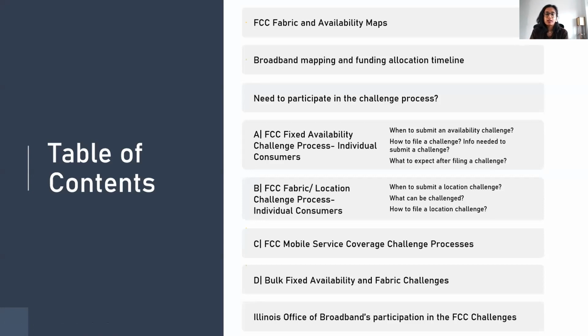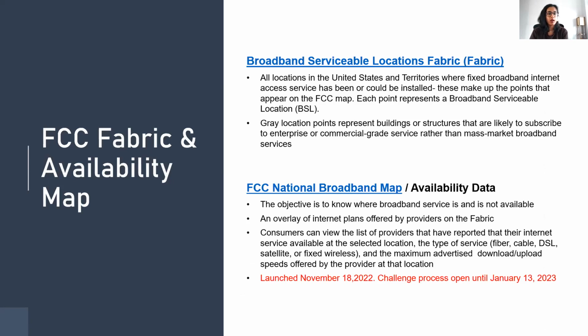The different challenge processes: there's the fixed availability challenge process and the fabric or location challenge process, and each of these can be done by individual consumers or by organizations at a broader scale with bulk challenge processes. Then there's also the FCC mobile service coverage challenge process. Finally, we'll be sharing updates on what the Illinois Office of Broadband has been doing with respect to the bulk challenges, and later on take any questions that we have.